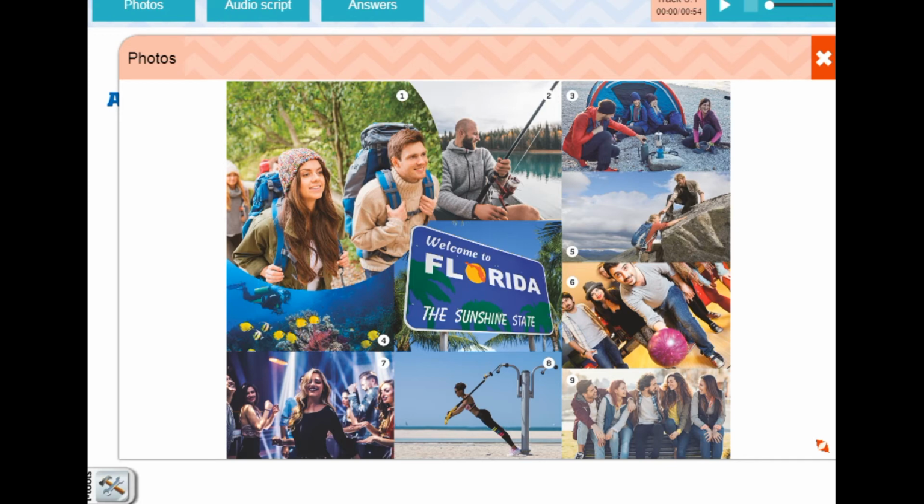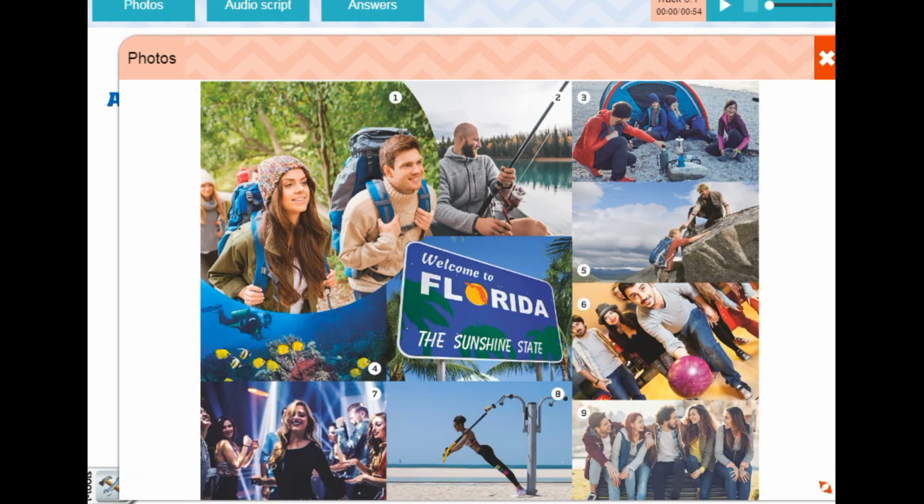People do that a lot in Presidente Figueiredo, next to the waterfalls, right? Next to the beaches. Number four, it is using the equipment and going deep into the water, you go diving. Number five, you can go climbing a rock like this.